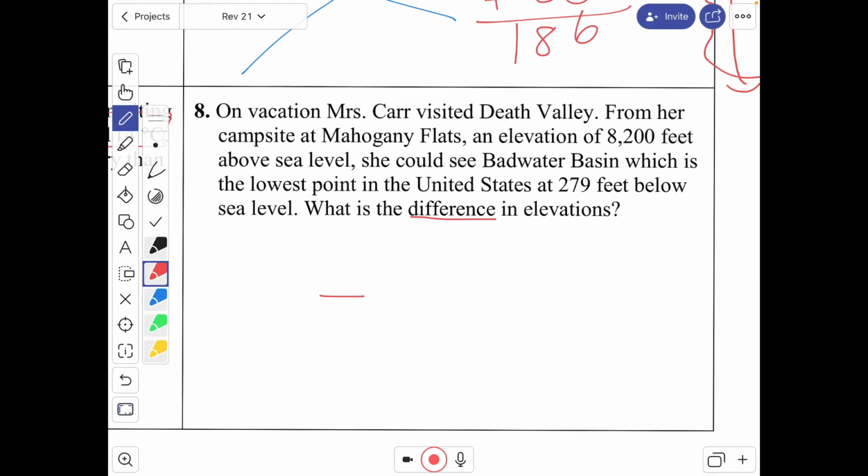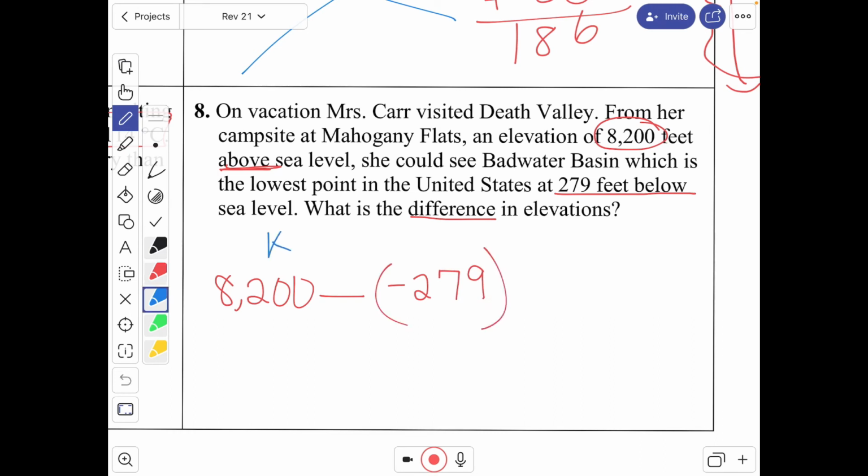Difference means we're going to subtract. We need to put the biggest number first. This was above sea level, that's a positive, 8,200, minus, this one's 279 below, so that's negative. Remember your rules.